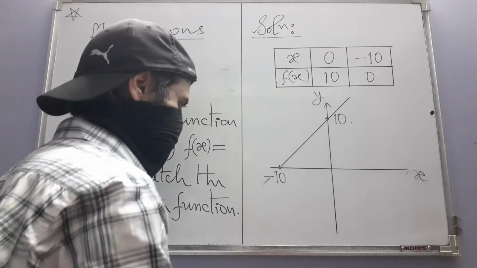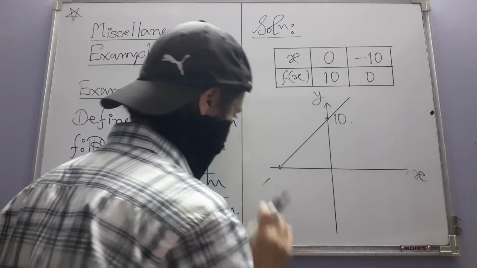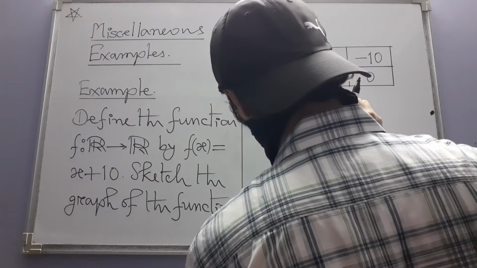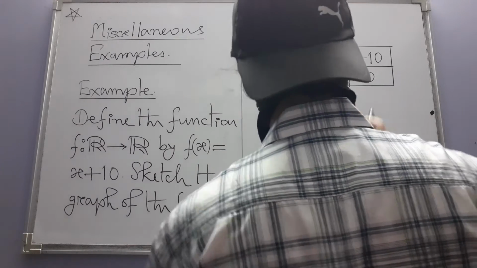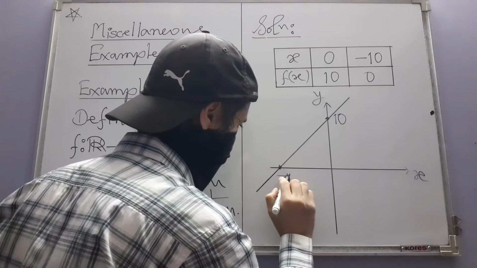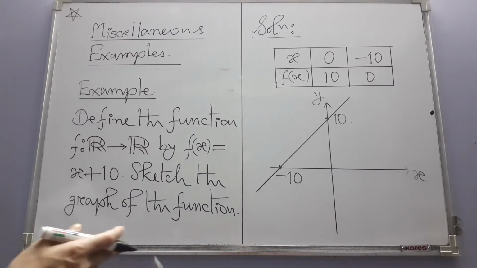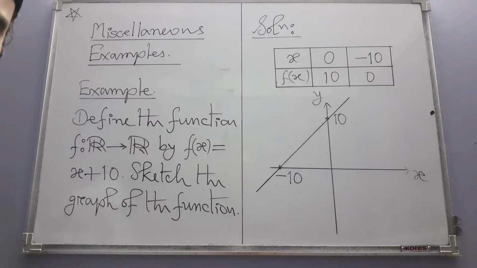Okay, so perhaps I should not have written minus 10 here itself, because it interferes with the graph. So it's better you draw the graph first and then write this point minus 10. The line of course extends indefinitely on either side. Okay, it does not end.